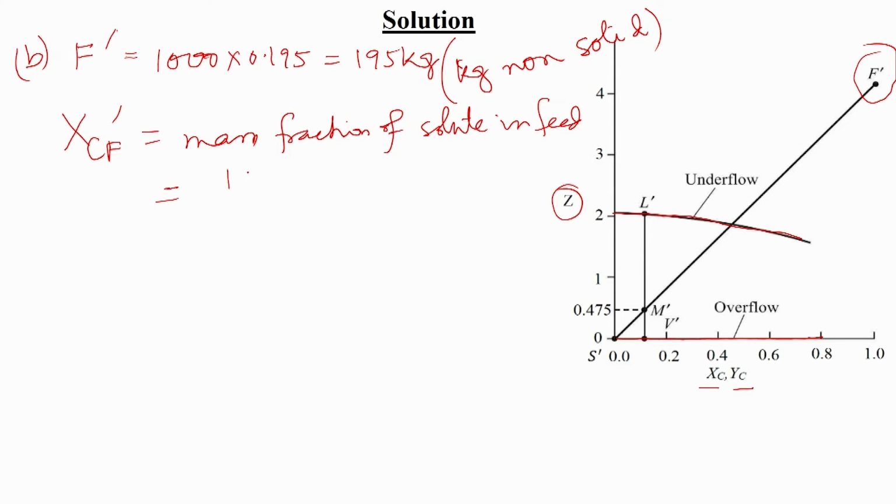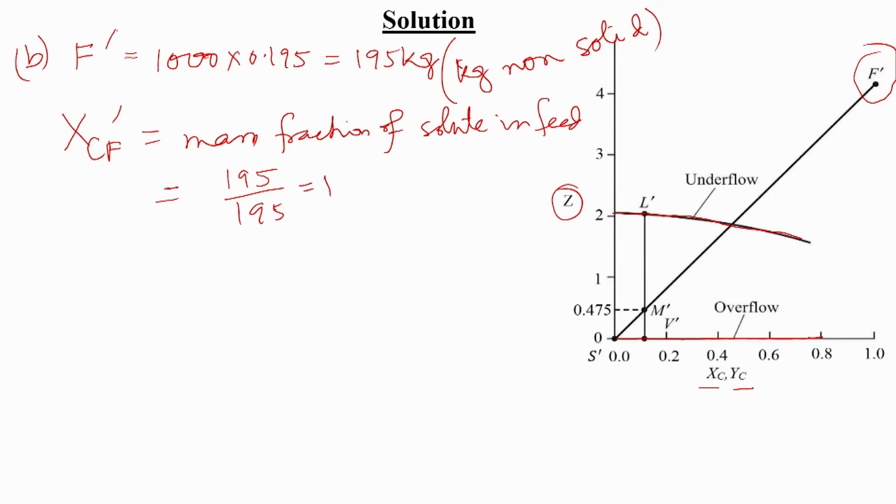So it will be 195 by 195, that is nothing but 1, because in the total solubilized solid, you see how much of this target component is there. That is 195 by 195. So whenever we discuss XCF, in all the cases it will be 1.